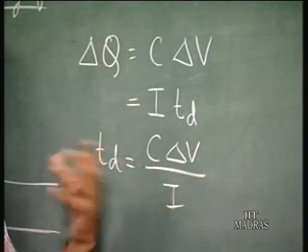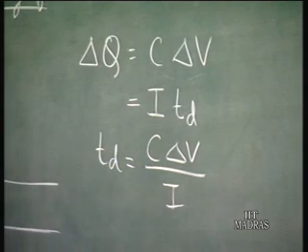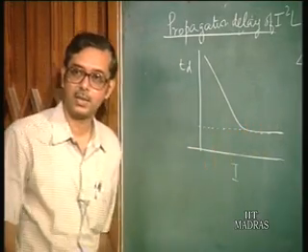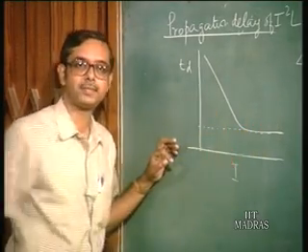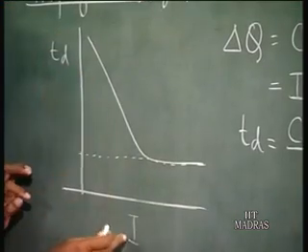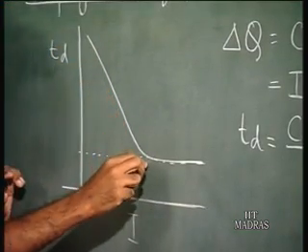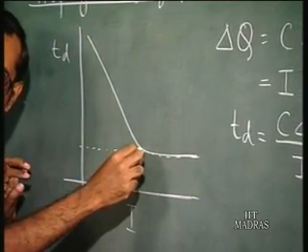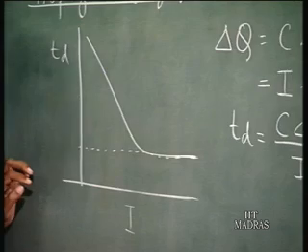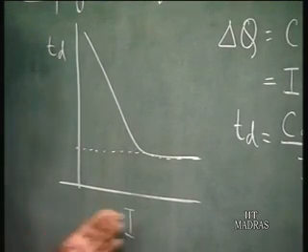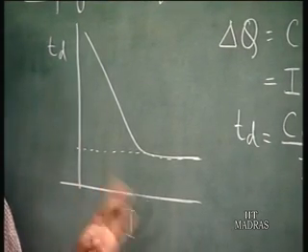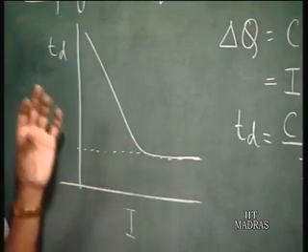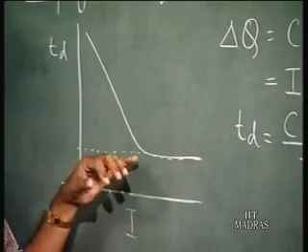So when the diffusion capacitance starts to dominate, the delay becomes a constant. So with current, initially the delay starts to fall with increasing current, and then it becomes a constant. That is, if you go on increasing the current further, there is no further reduction in the delay.